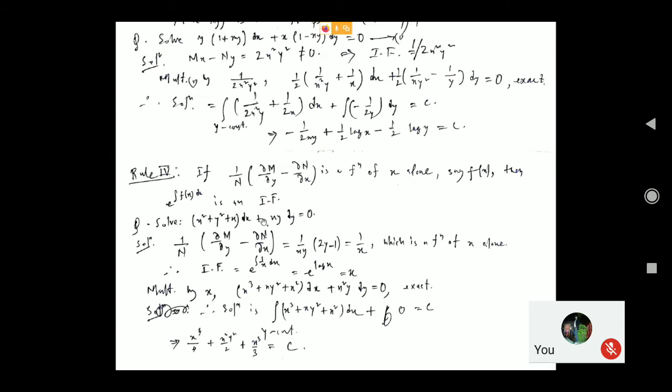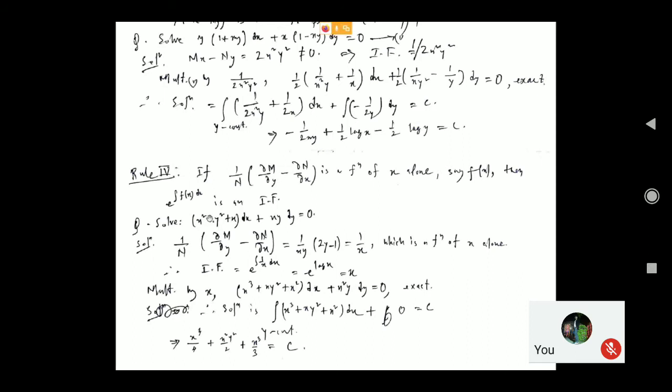The next thing you check for is homogeneity. This is not homogeneous because the power of y is 2 and x is of power 1. So it is not homogeneous. Also, it does not belong to the previous category either. In the previous category, you need a function of xy. But here, this is a function of xy, but it is not multiplied with x.